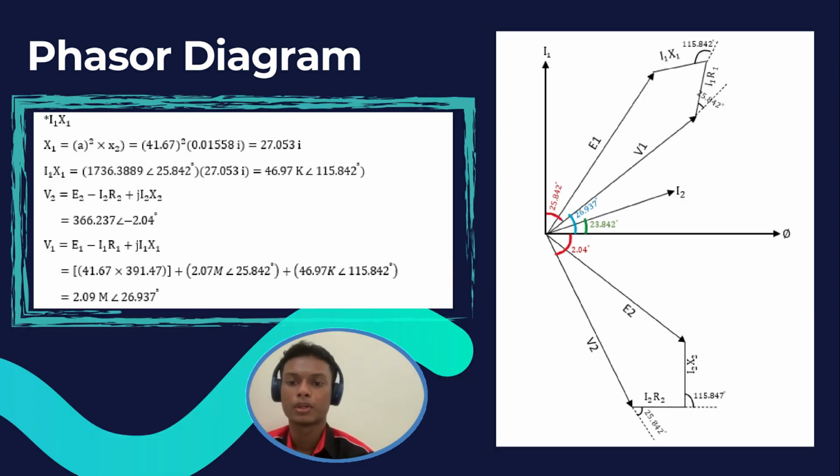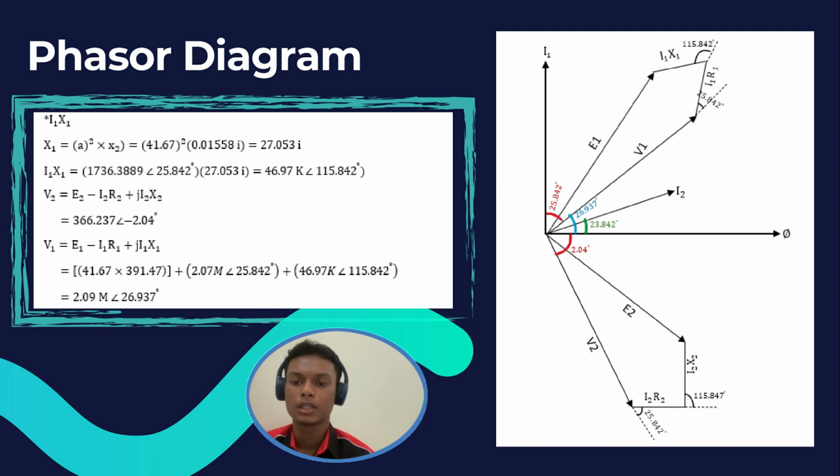For this slide, we calculate the values of I1 times X1, V2, and V1. I1 times X1 is equal to 46.97 times 10 to the power of 3 with angle 115.842 degree. For V2, we are going to use this formula. Then we get 366.237 with angle negative 2.04 degree.